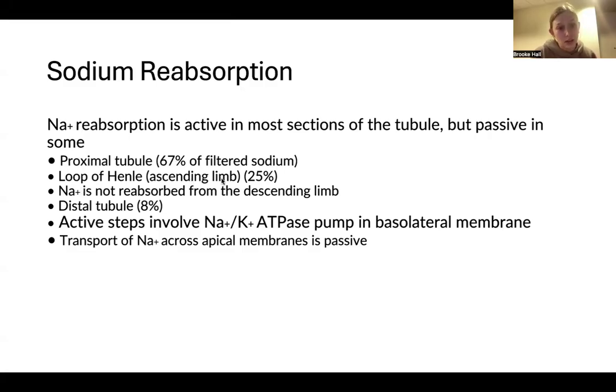The ascending limb of the loop of Henle, remember that, does 25%. And sodium is not reabsorbed from the descending limb. This is a very important thing to know. And the distal tubule does 8%. Active steps involve the sodium potassium ATPase pump in the basolateral membrane, and the transport of sodium across the apical membranes is considered passive.